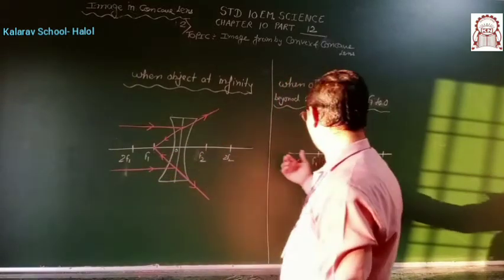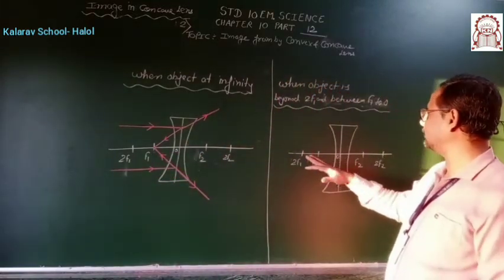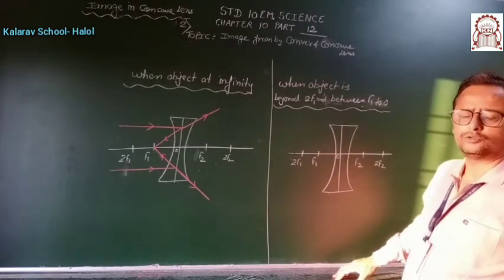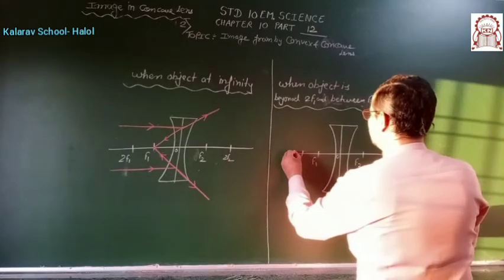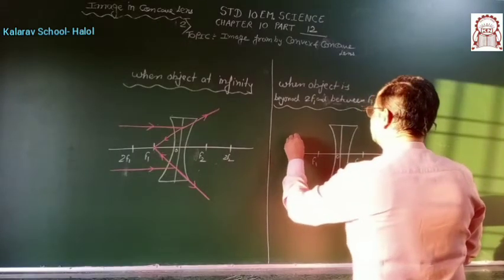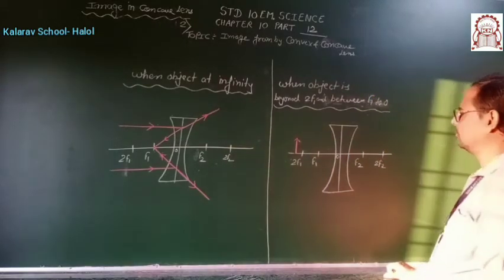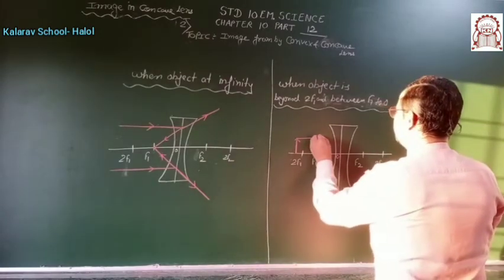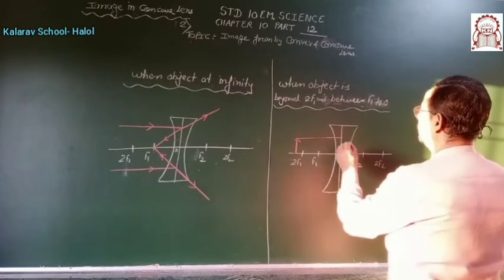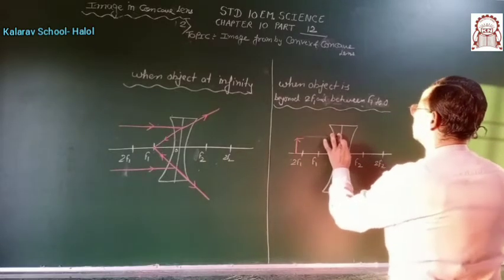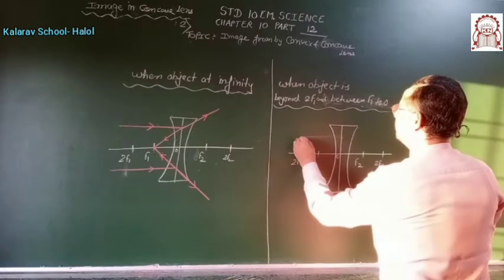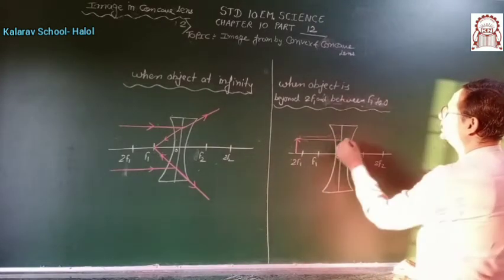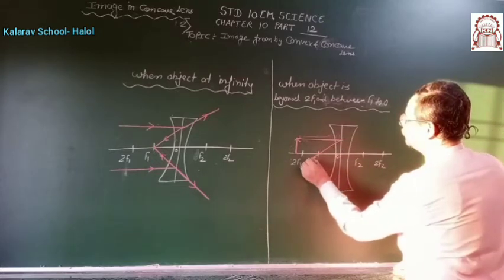And now the next one, if the object is anywhere here, then the same situation. Suppose the object is here, okay, and definitely a ray will pass parallel like this, and after that definitely it will diverge like this.